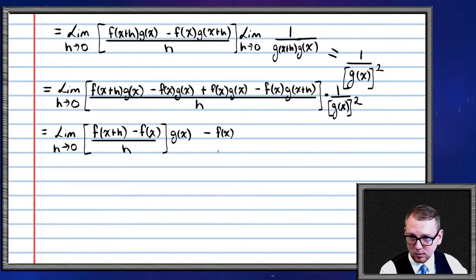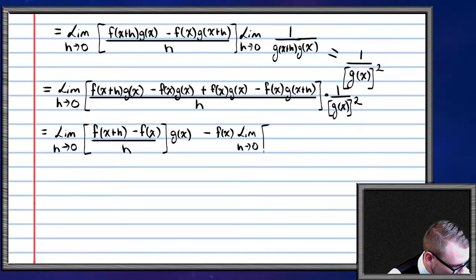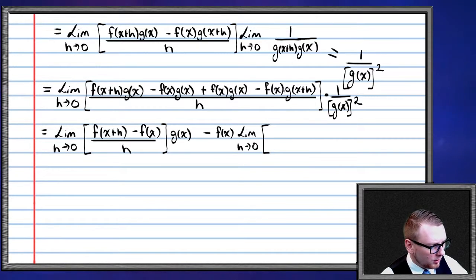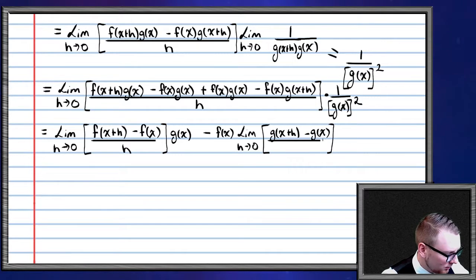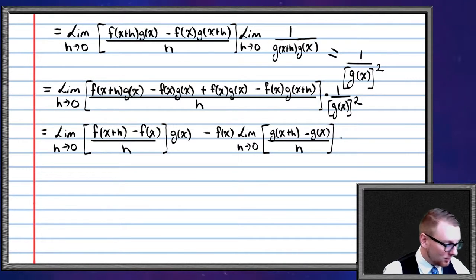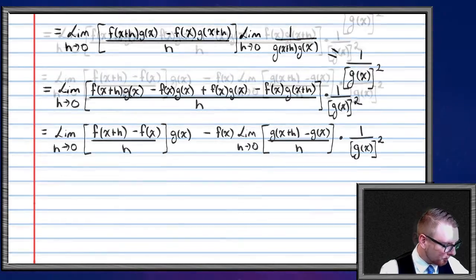Now, since f of x is not dependent on h, I can write the limit on the inside here. So we've got the limit as h approaches 0. If I take out a minus, we're going to have g of x plus h minus g of x, all over h still. And we're going to still multiply by 1 over g of x squared. Okay, looks pretty good so far.